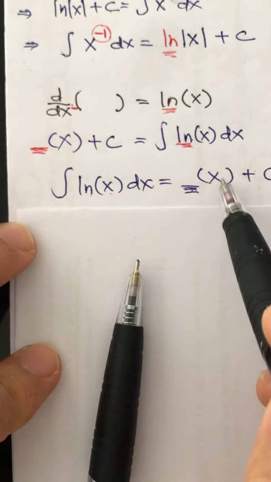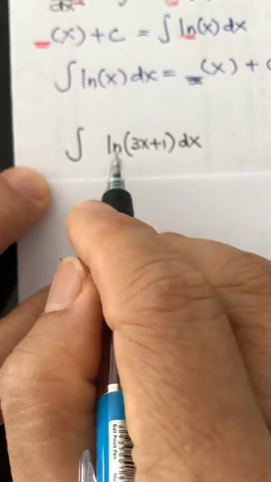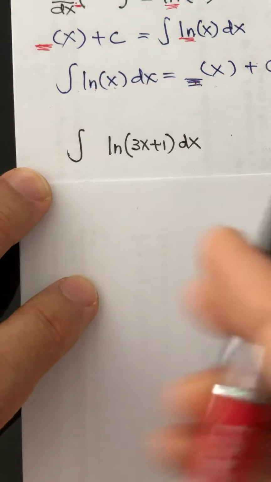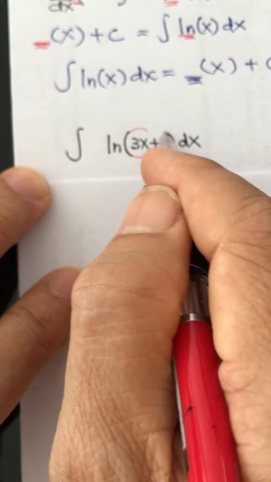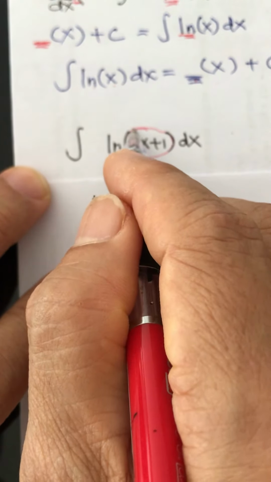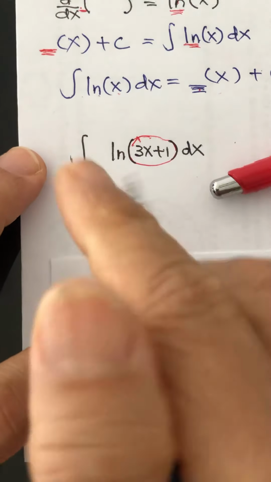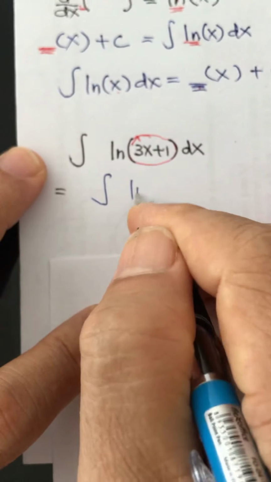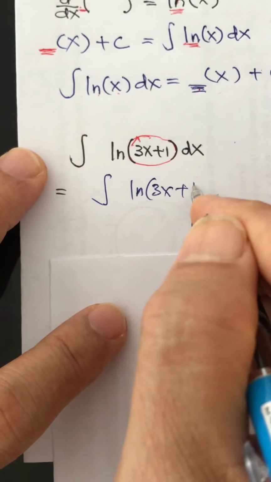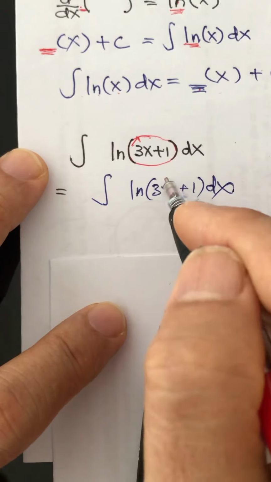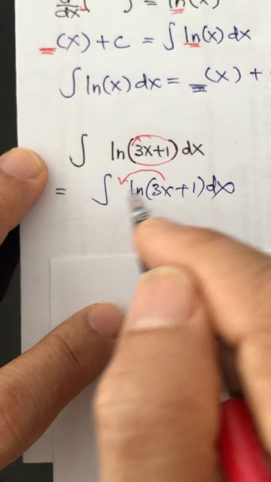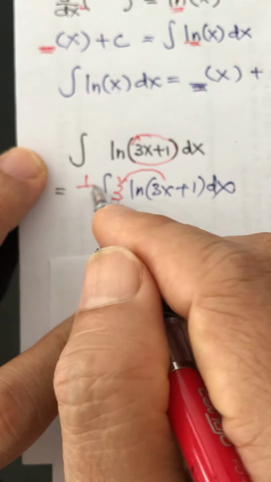Just like here, let's say I want to integrate this. To integrate this, you look at the bracket here. I must write ln(3x plus 1) dx. Because of this bracket, I must have a 3 here, because when I differentiate this I have 3, so I have 1/3.